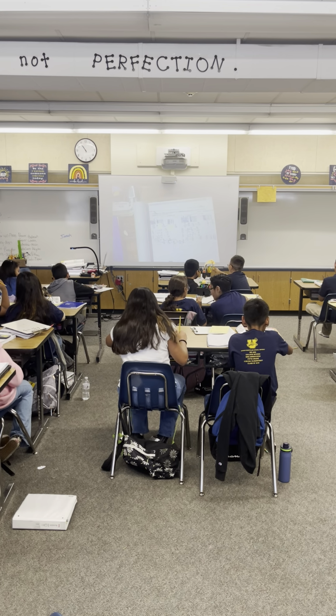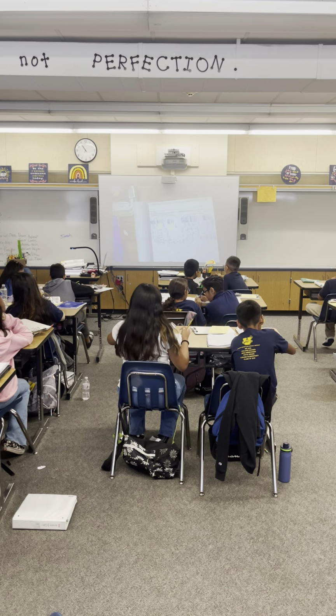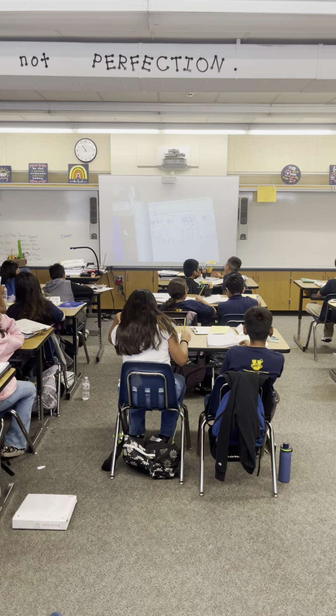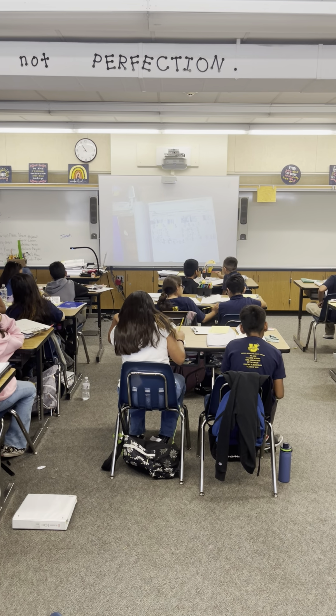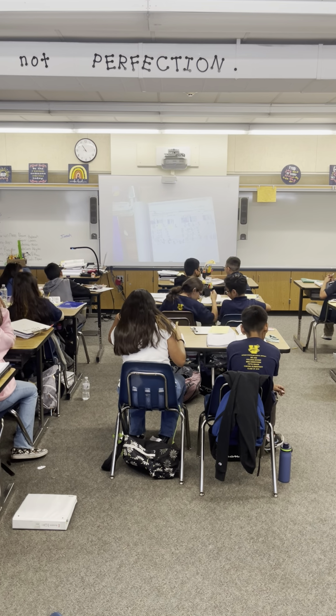Shouldn't it look like 2 tenths plus 4 tenths minus 5 tenths? Shouldn't it look that way? And then what do you do?